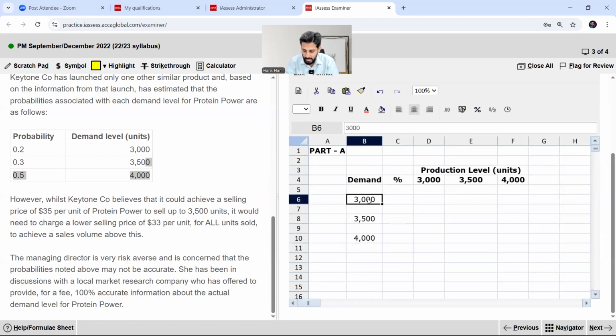So this is my demand level. And what is the probability? Probability is given as 0.2, 0.3 and 0.5. So this is my demand level and my probability is also given.